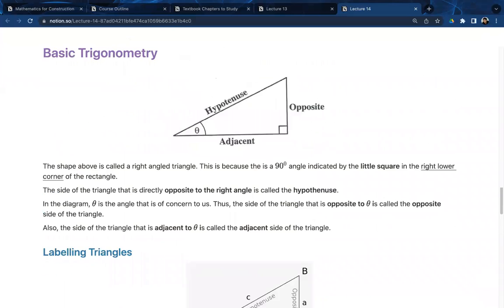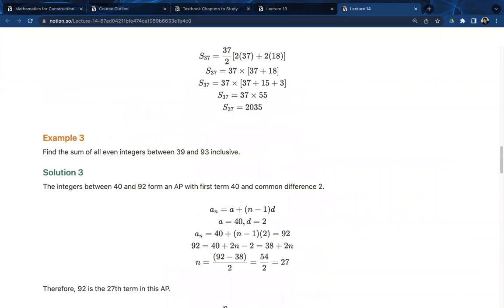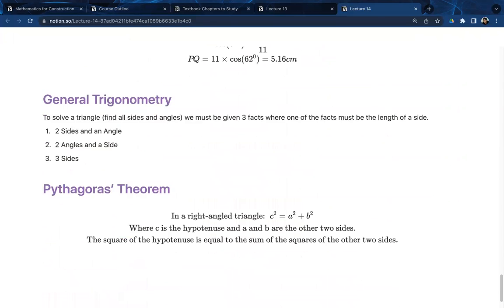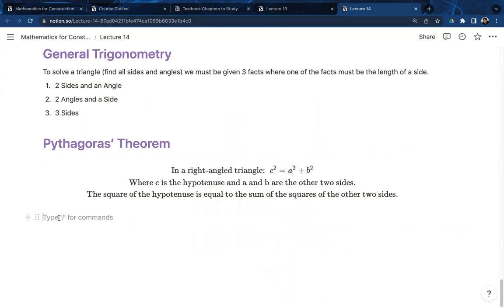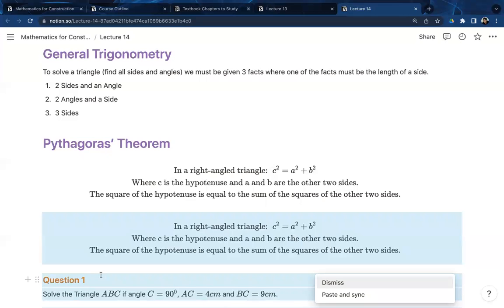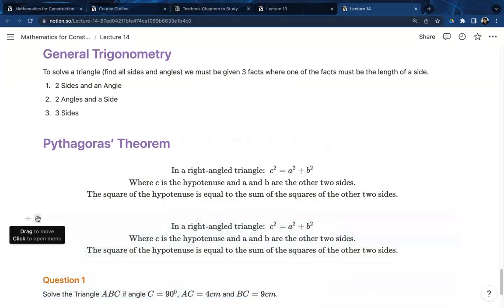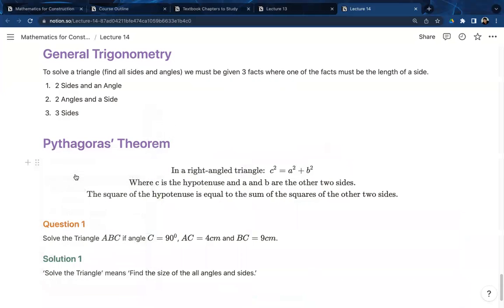I should probably call it example 4. Example 5.